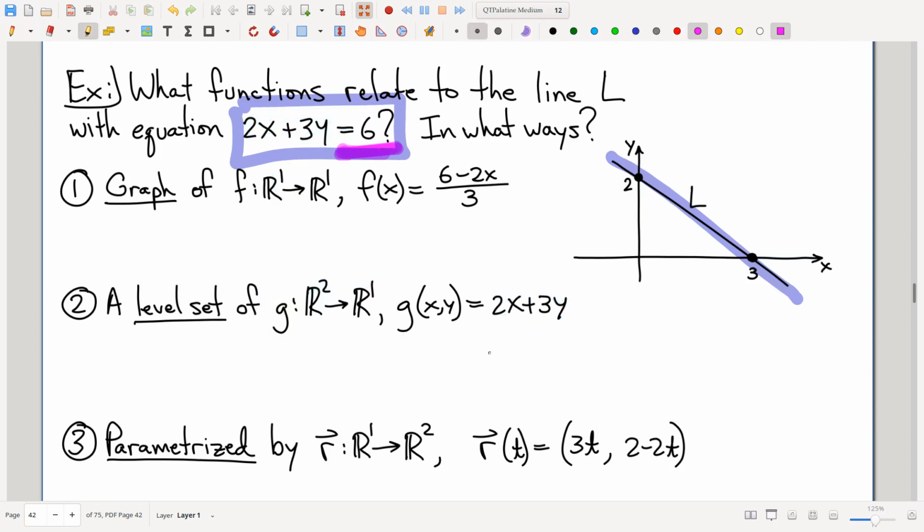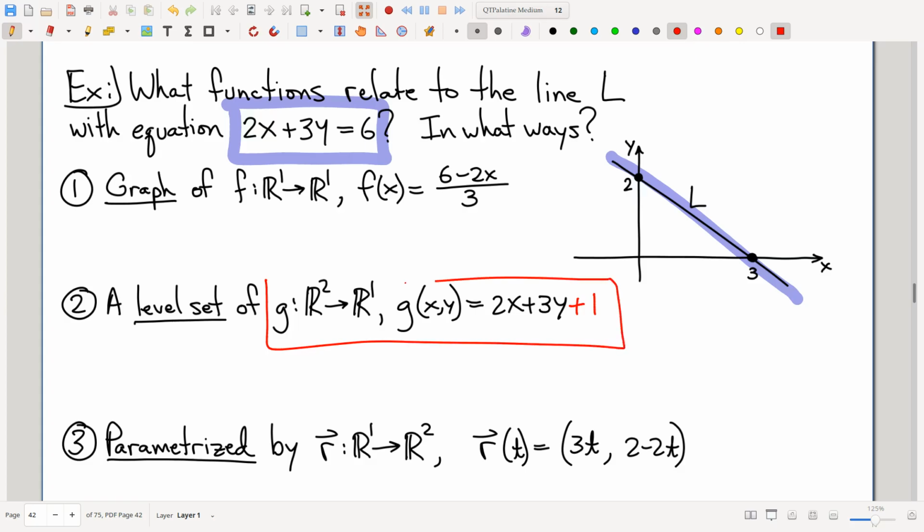Okay. Now, by the way, that's not the only such function. So here's another thing I could do. You could argue this is silly, but I'm not saying you should do this. I'm saying this is on the table, and there are situations where this will be useful. I could have said 2x plus 3y plus 1. This line is a level set of that function also. You just have to be careful which level set you're talking about.